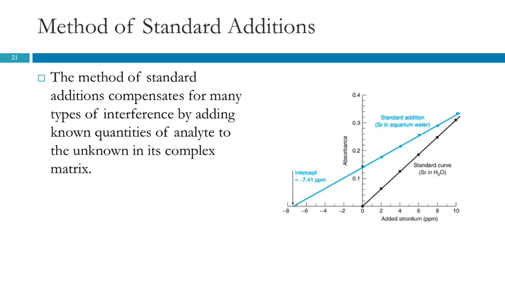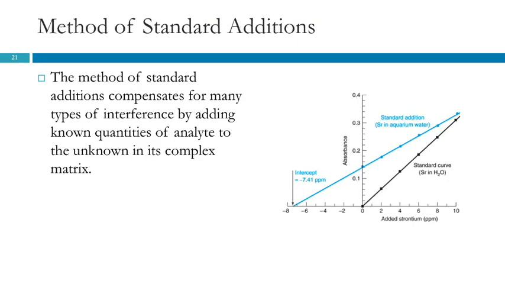So one way around a lot of types of interference is by using the method of standard additions to make your standard curve. Have you guys talked about that a little bit? So this is showing an example of looking at strontium in water, in aquarium water and in pure water. So here's our standard curve in pure water. We're trying to measure the strontium in some aquarium water.